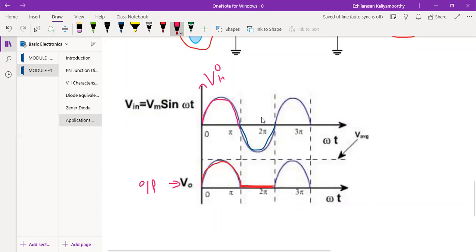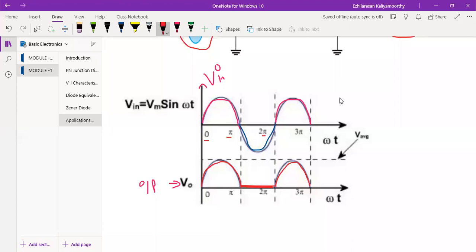Next, again for the positive half cycle, this will conduct. For every positive half cycle the diode will conduct, only in the positive half cycle. So here we are putting 0, pi, 2 pi.